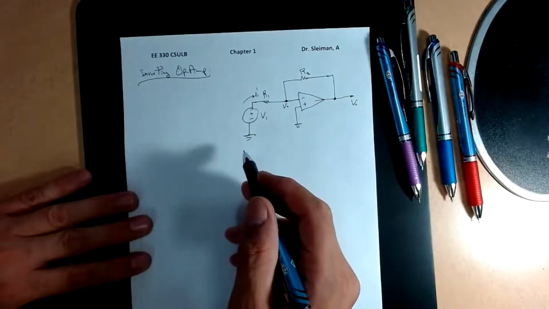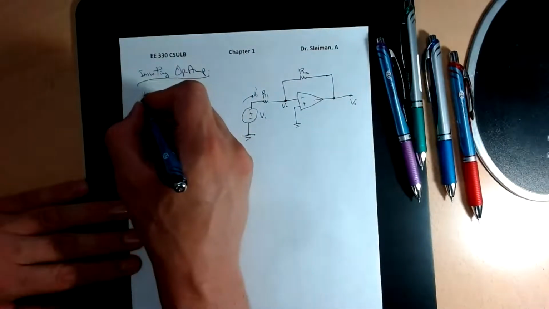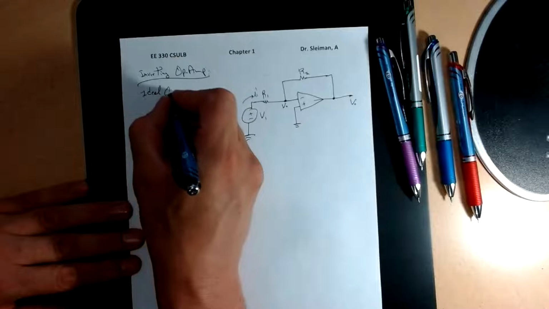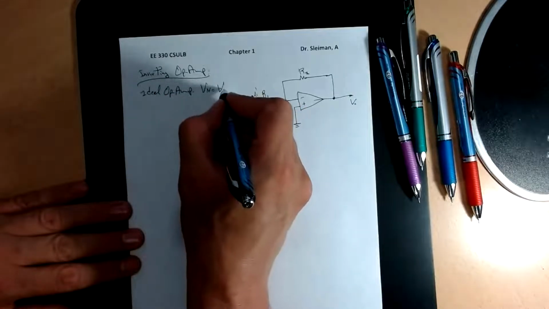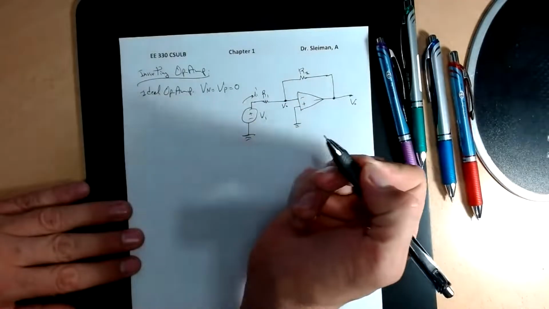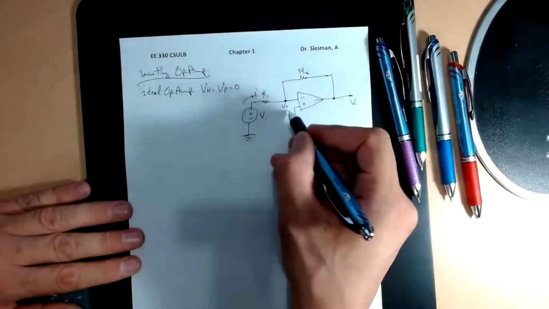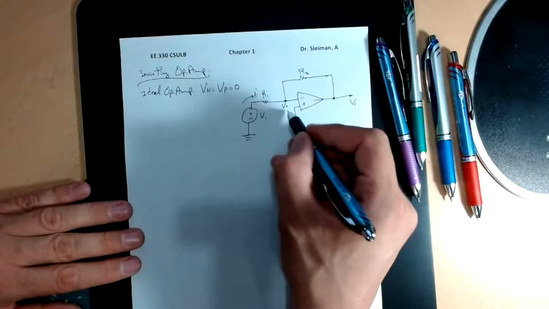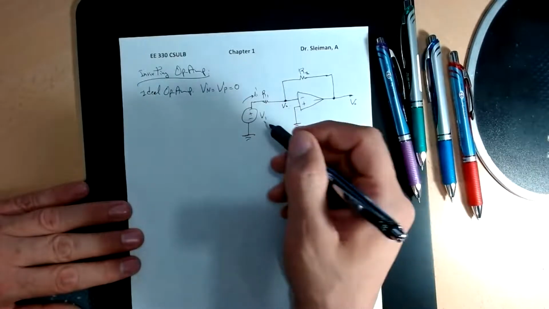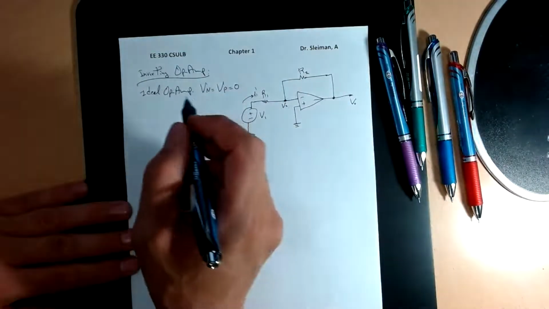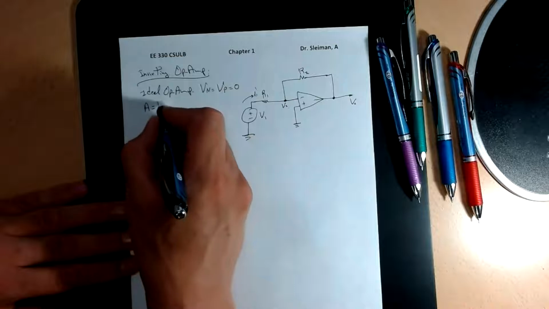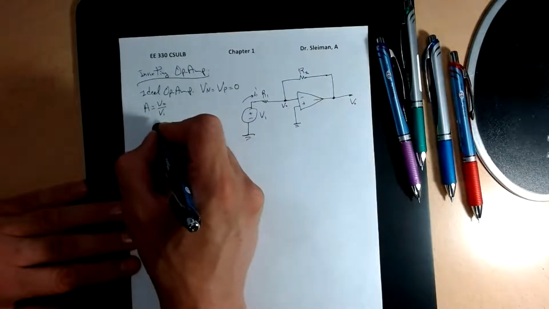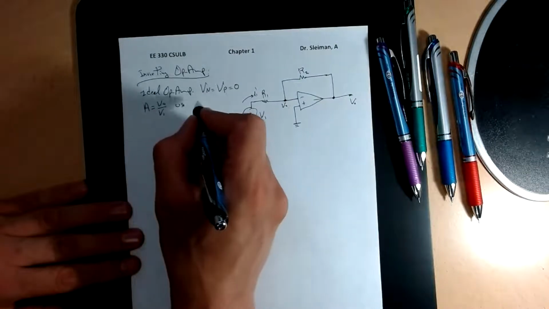In this term, same thing, we're dealing with an ideal op amp, which is Vn equal to Vp equal to 0 in this case. Before that, there's no resistor here, so V1 will be equal to 0. But now we have a resistor, and to find the gain, which is V output divided by V1, we need to use Ohm's law.